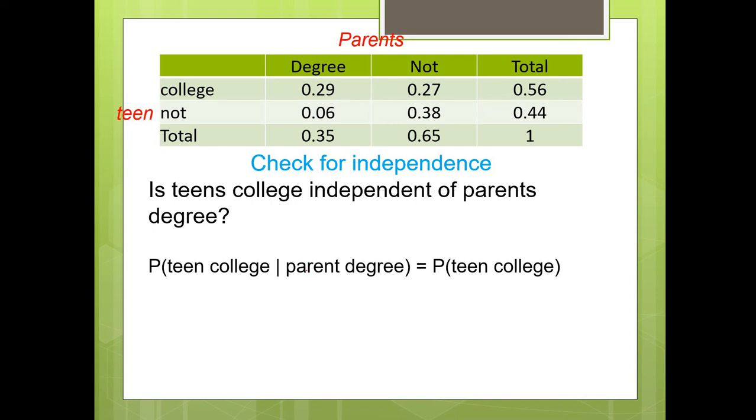If these two statements are true, that means that parents having a degree had no effect on whether the teen went to college, and therefore they are independent events. But if we look at the numbers, the probability of a teen attending college is 0.56, and that does not equal the 0.89 of the teen attending college when we know that the parent has a degree.